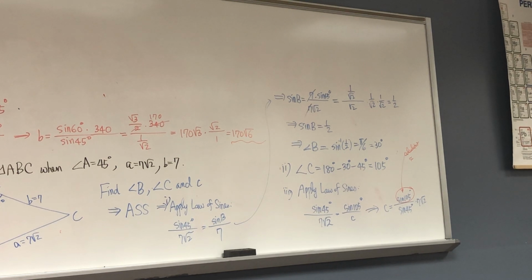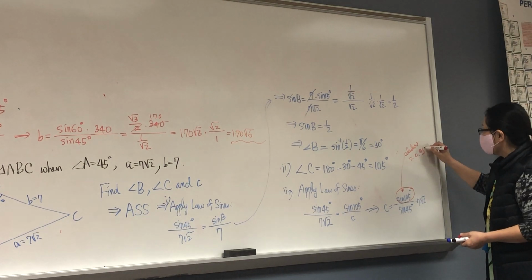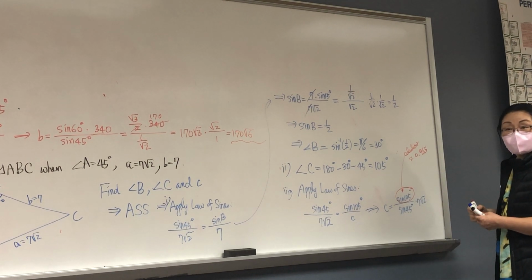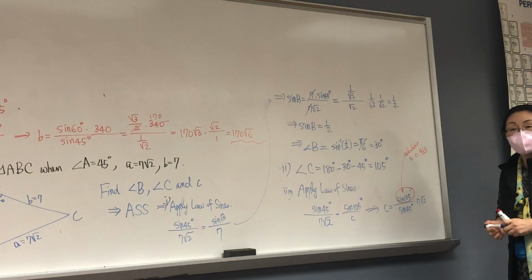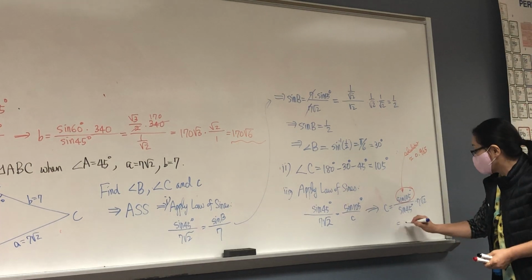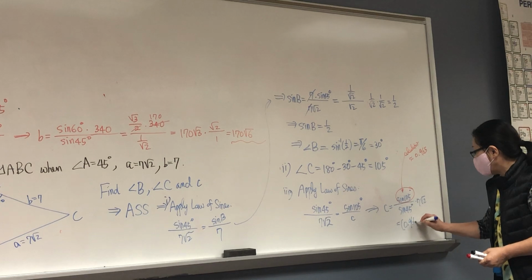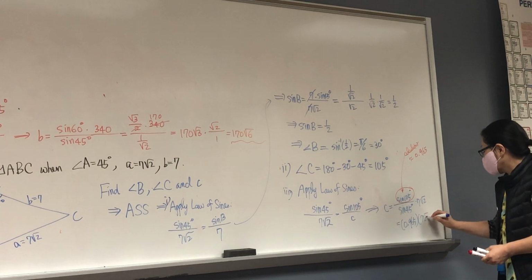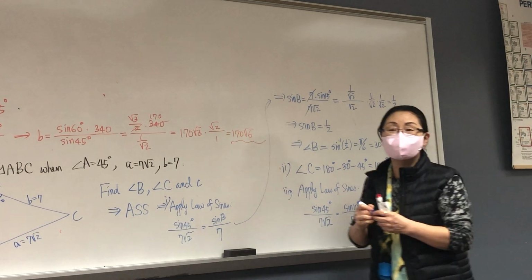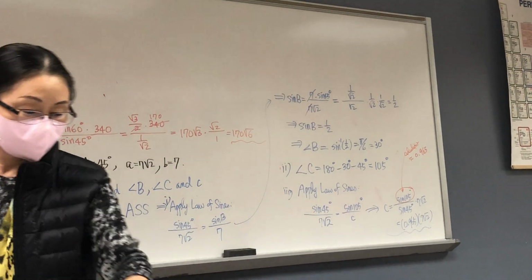If your default is radian, then convert the angle, or change 105 to radians. What is sine 105? 0.965. Good. And then multiply here, and that's your answer. You understand? So your answer is 0.965 times 7 square root of 2.